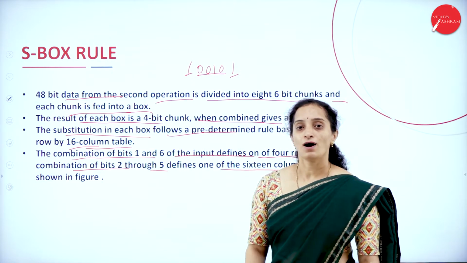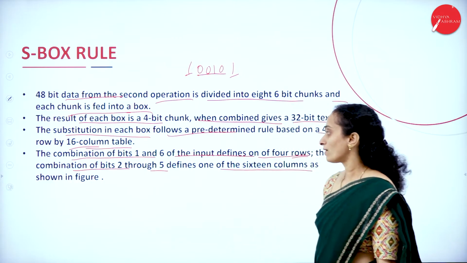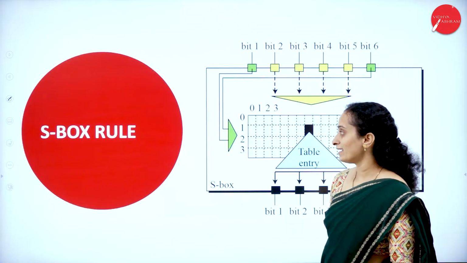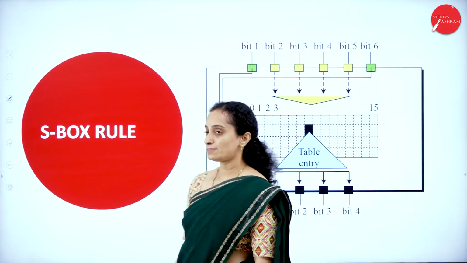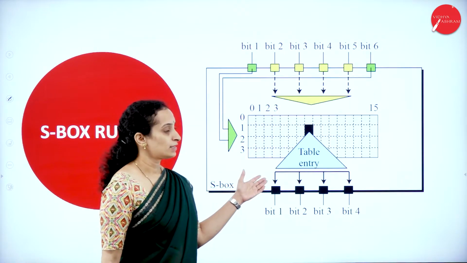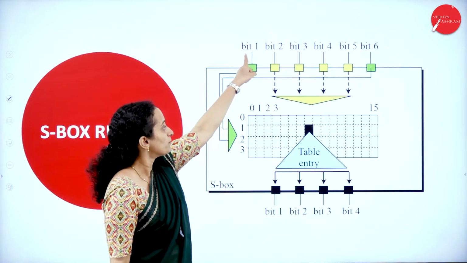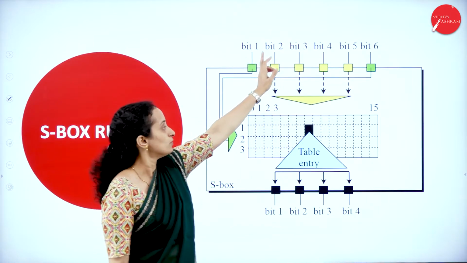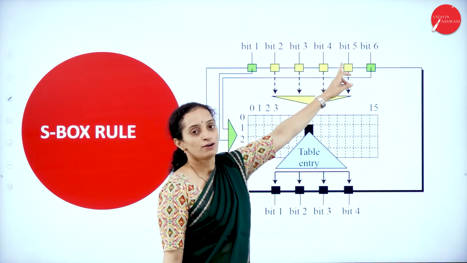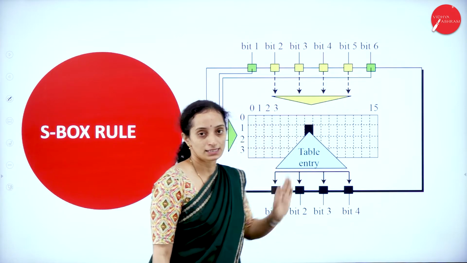Let's check how this table or box looks. So this is the S box rule. Here you can observe we have 6 bits: bit 1, 2, 3, 4, 5 and 6.